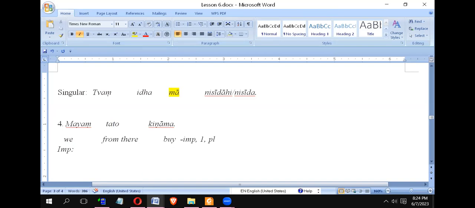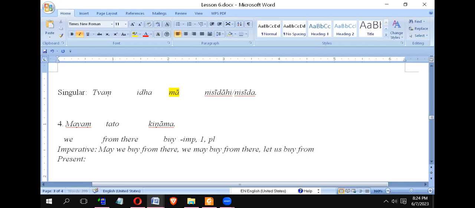You can do it as imperative or present tense. Let's say imperative, how do you translate this? May we buy from there. Another way of translating is we may buy from there. Another one: let us buy from there.